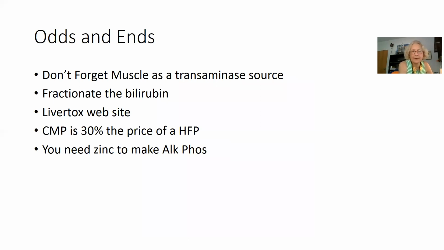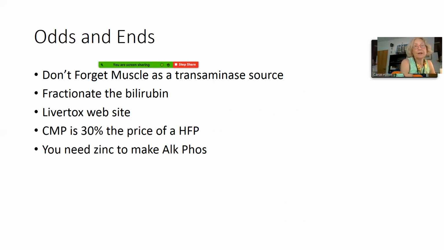Just some other kind of odds and ends. Don't forget that muscle is a source of transaminases. And so somebody with, say, muscular dystrophy or muscle injury, or even a football player who's working out too much can have high transaminases.